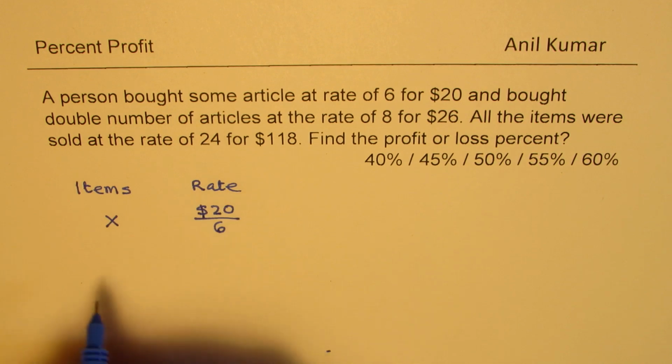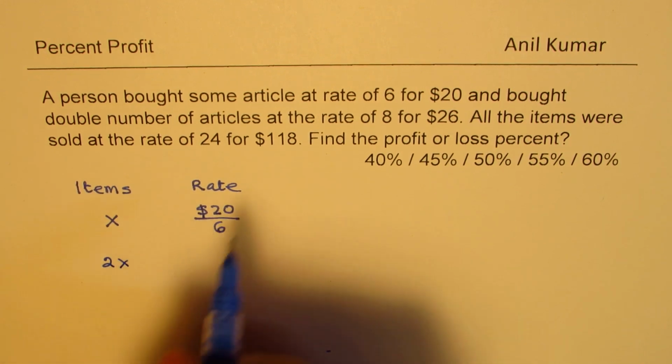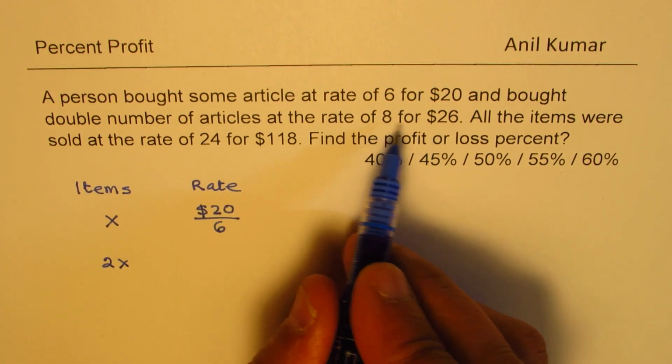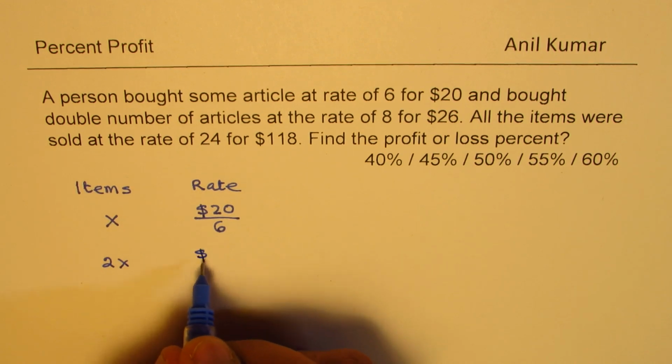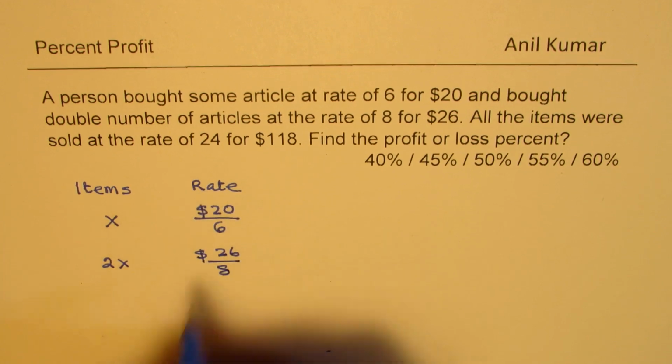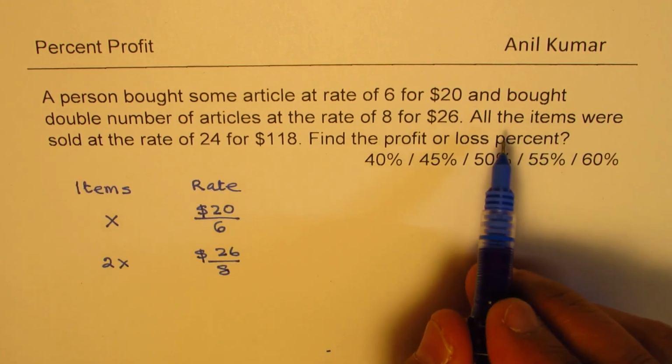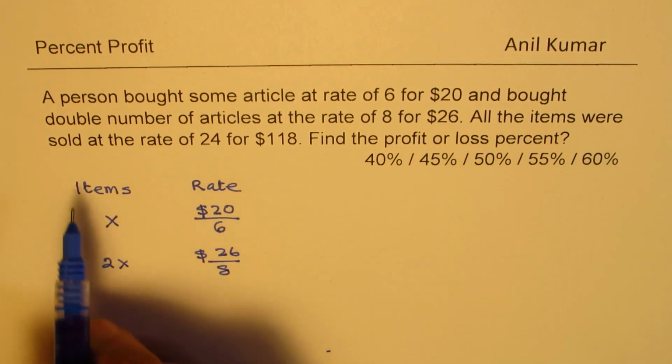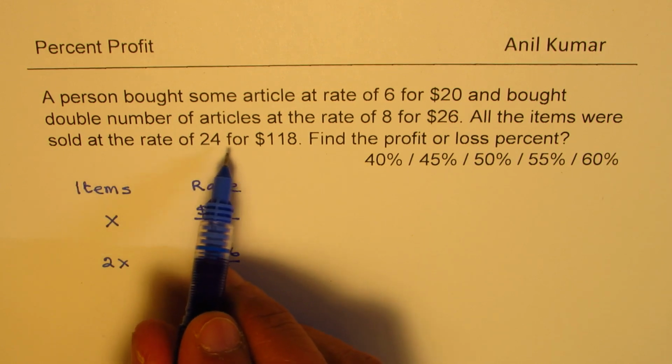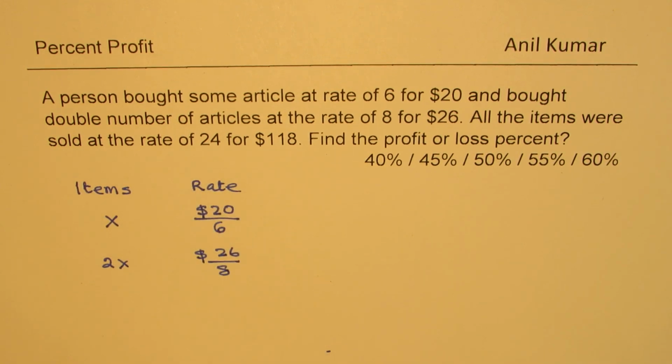And bought double the number of articles means 2x at the rate of 8 for $26. So we'll make it 26 over 8. So that becomes the cost price. All the items were sold at the rate of 24. When we say all the items were sold, that means you have to add these two.